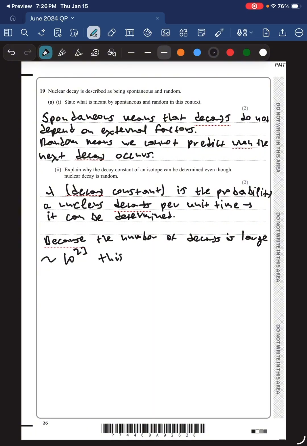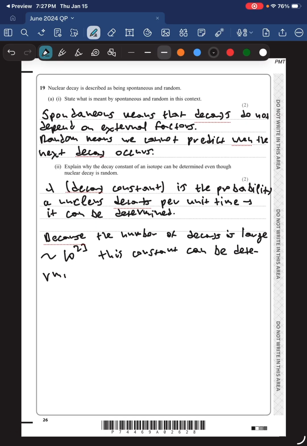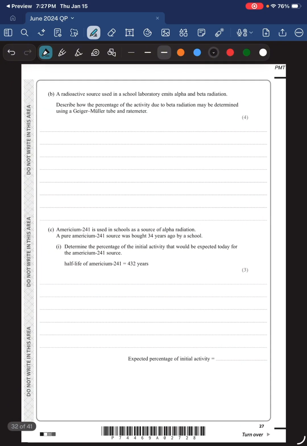This constant can be determined. So the idea is that you take multiple measurements involving literally 10 to the 23 nuclei, and you can easily determine the decay constant.